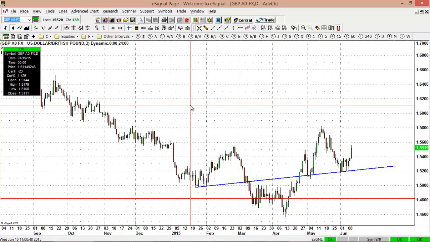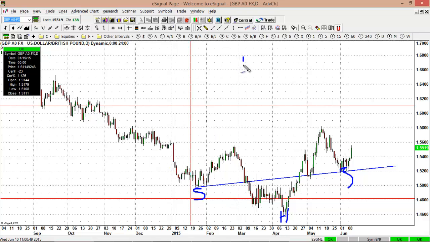And this will be called, for those of you who are familiar with chart patterns, left shoulder, head, right shoulder. Okay, so this is a head and shoulders bottoming pattern.